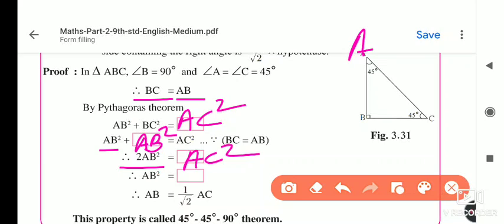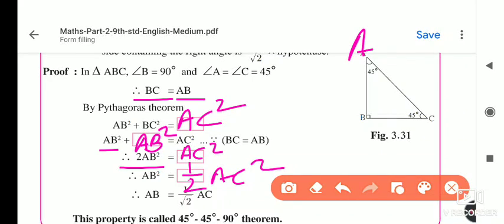Now this 2 will come here for division, because the answer will be AB square is equal to 1 by 2 AC square.